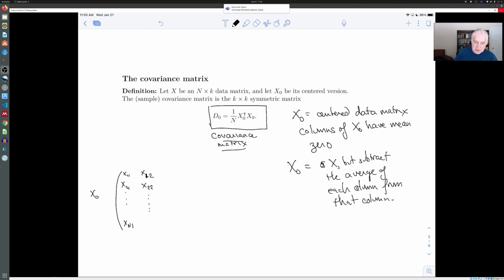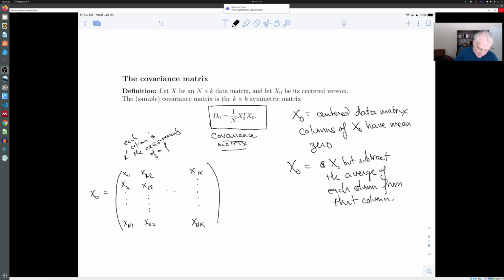So in the calculations where I have to look at X minus mu, I don't have to do that anymore because the means are 0. And we have k features. Each column here is the measurements of a given feature.